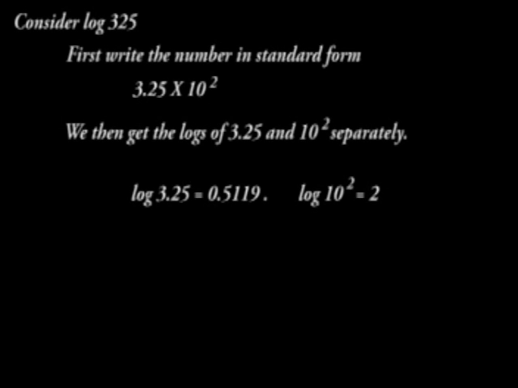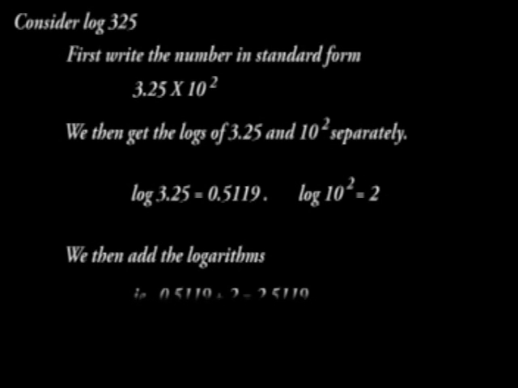That is, log 3.25 is equal to 0.5119 and log 10 to power 2 is 2. We then add the logarithms, and therefore we have 2.5119. Thus, log 325 is equal to 2.5119.